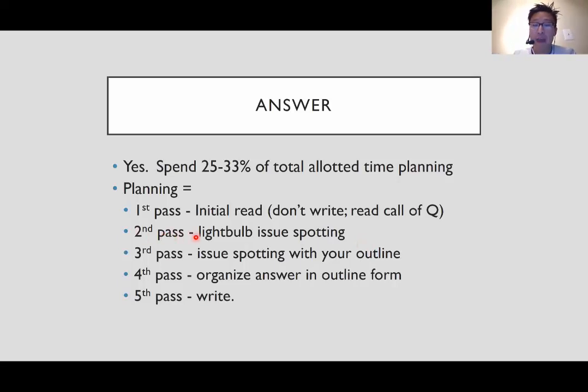On your second pass, and you might even read it twice if that helps you, skim and then read it. But your second pass is where you're scribbling notes to yourself, and this is where you're doing light-bulb issue spotting, where you look over the facts a second time and issues will just pop into your head. That calls for an analysis of battery.